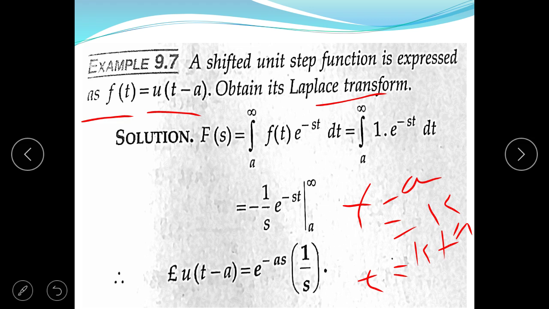Then e power minus as is a constant; it is independent of time. So Laplace of function u(k) is equal to e power minus as divided into 1 by s. See the solution of this question.